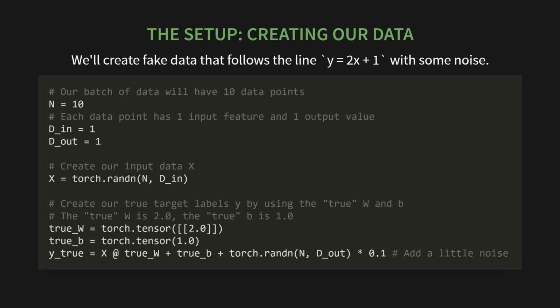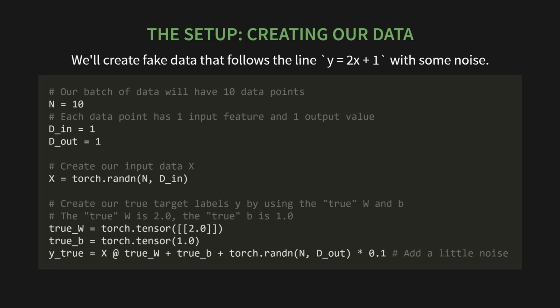Next, we create our input data x using torch.randn with n and d underscore in. Now for the important part. We create our true target labels, y true, by using the secret answers, the true w and true b. The true w is a tensor with 2.0, and the true b is 1.0.